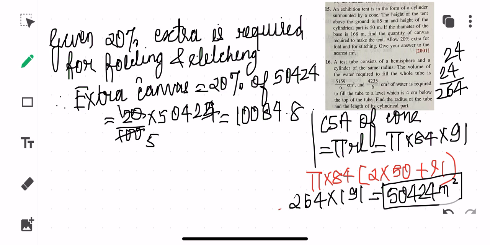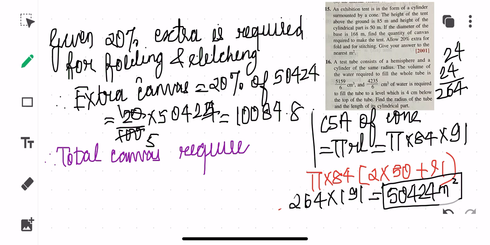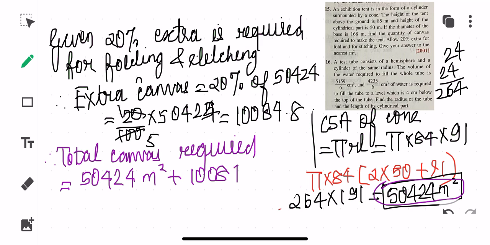Therefore what you will be writing? Therefore total canvas required will be equal to how much? This will be equal to 50,424 meters square plus 10084.8 meters square.